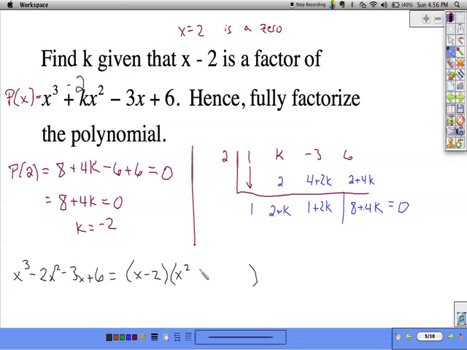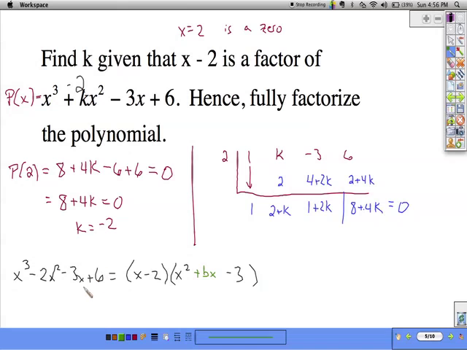And I know it's going to have to be x squared and a minus 3 in order to get the x cubed and the plus 6. The question becomes, what is the missing term? What goes inside here? How many x's do I need? So I'll call it b times x.